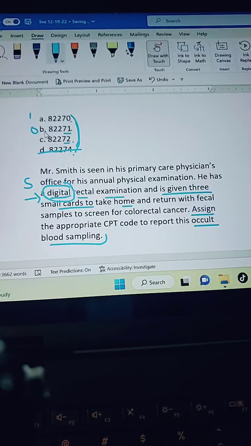The 2 is the 3 samples that the patient took home. And then the 4 is the 3 samples that the patient took home. That 3 samples right there. What is this one?